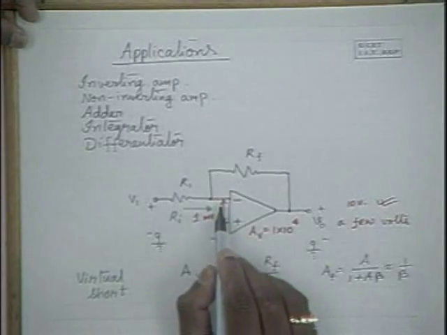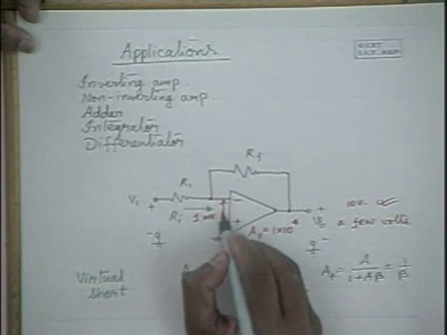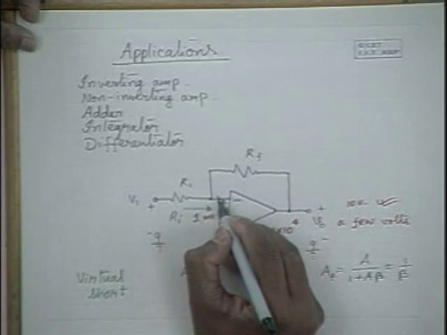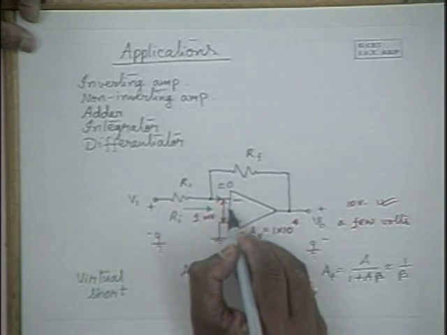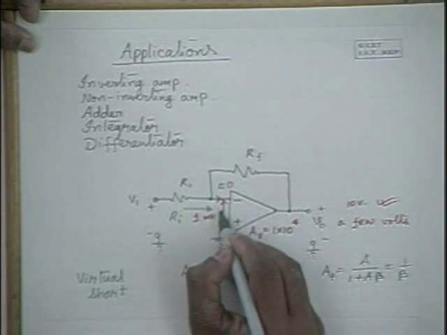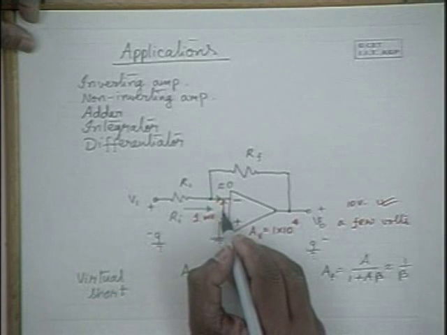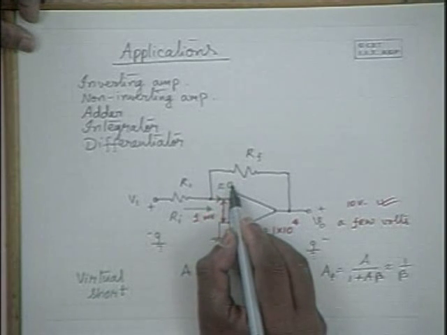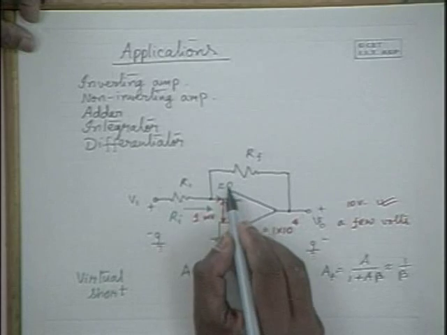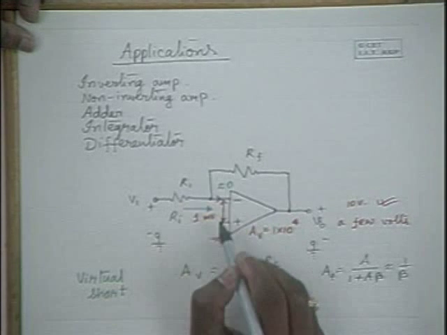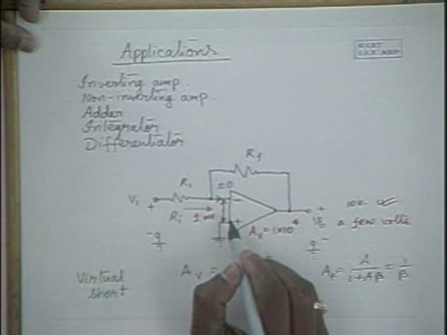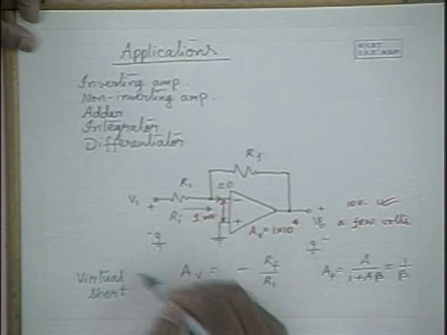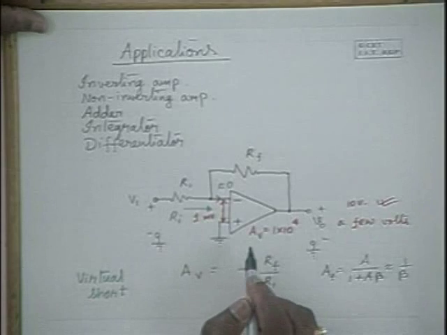Although impedance is very high, the voltage is almost 0. And what about the current it draws? Current it draws is almost 0. It is of the order of mega ohms, and if this is of the order of millivolts, current is almost 0. Since the current is 0 and the voltage is almost 0 volts, it is known as a virtual short between these two terminals.